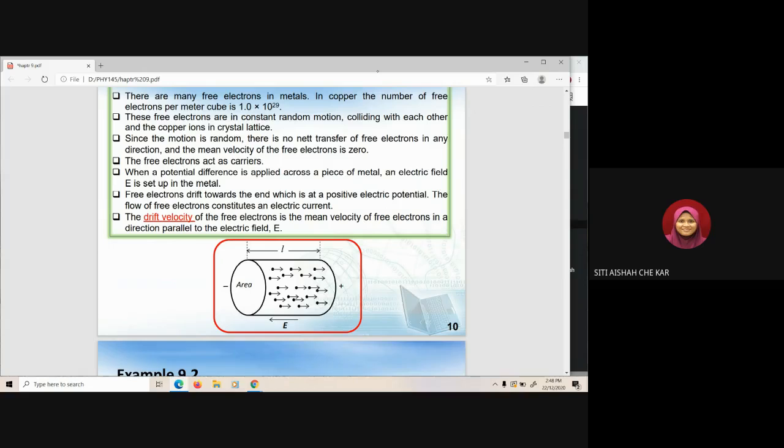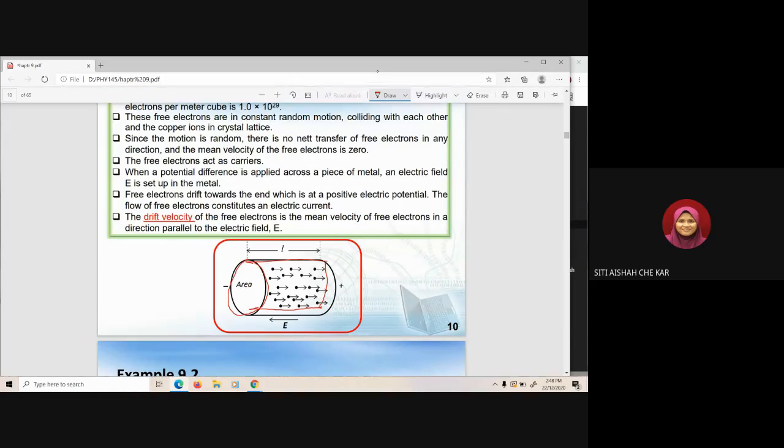Let's say this is a wire, a wire for charging a phone, or an iron, any electrical device. Inside the wire, we use a conductor, and inside this wire there are electrons.